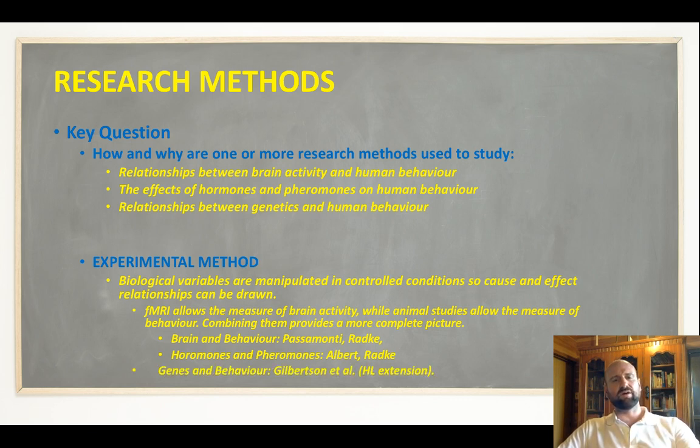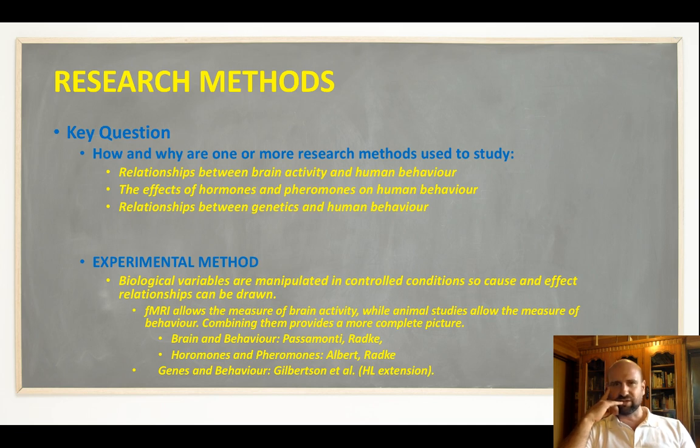Now, for the experimental method for genes and behavior, I think looking at animal experiments would be good for higher level students. This is why it gets really tricky. What research method is a twin study? IB considers it correlational, but I think that's really tricky for students to understand.